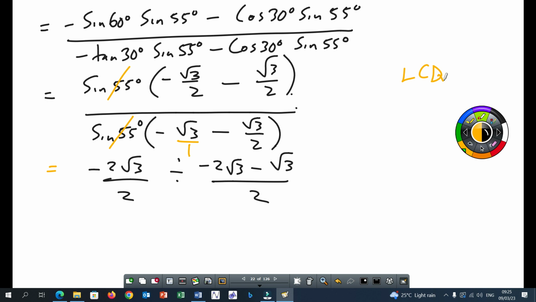The second set, the denominator is a 2. What's the LCD? 2. So I multiplied the minus root of 3 by 2, and I got minus 2 root of 3. Since the denominator here is the same as the LCD, I write it as is, then all over the LCD.